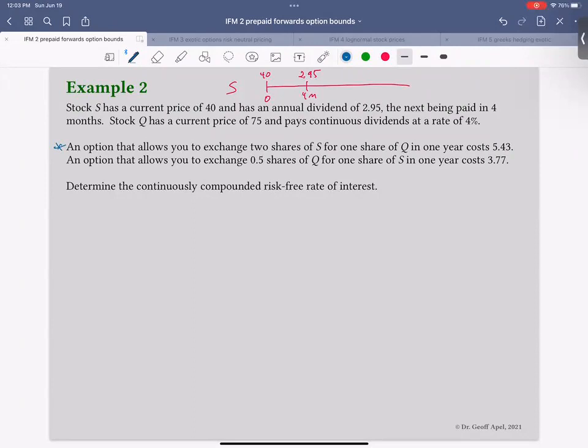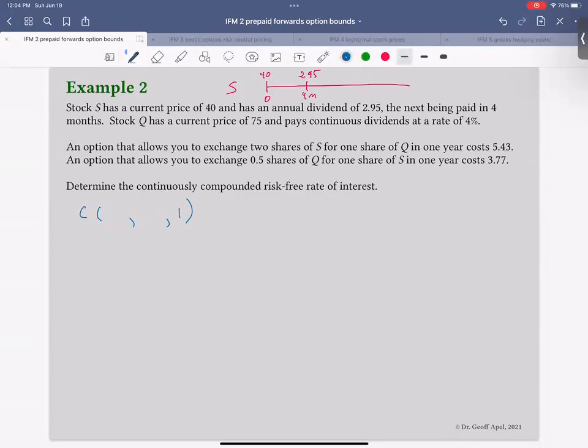I can pick whichever one I want as long as I'm consistent with what the first parameter and second parameter are. So I'm just going to think in terms of calls. I feel like those are a little bit easier to handle. The time is 1 year, so that's good. And I just need to know, do I go 2S and 1Q, or is it the other way around? This is always the issue here. You can memorize it if you want, but let's see if we can think our way through it.